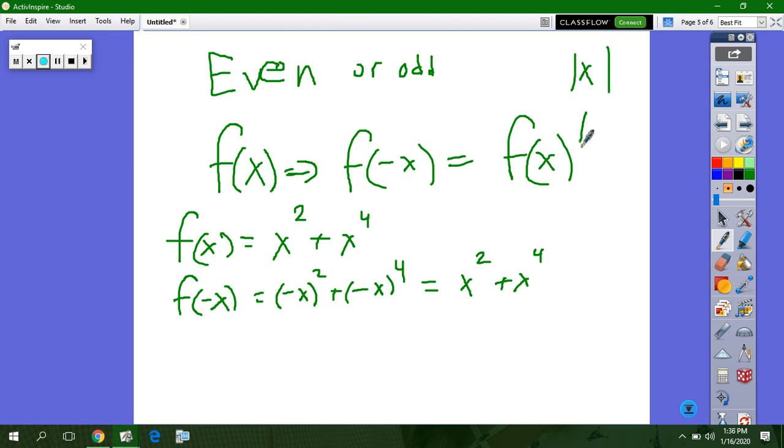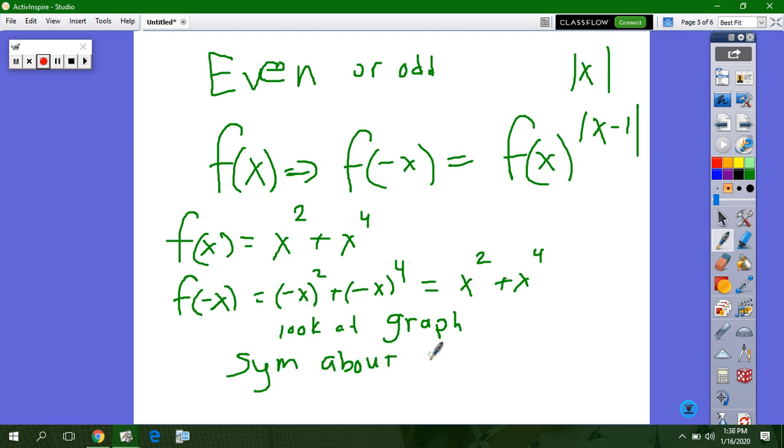What about absolute value of x minus 1? No. Another way to see it is to look at the graph. If you look at the graph and it's symmetric about the y-axis, then you know it's even.